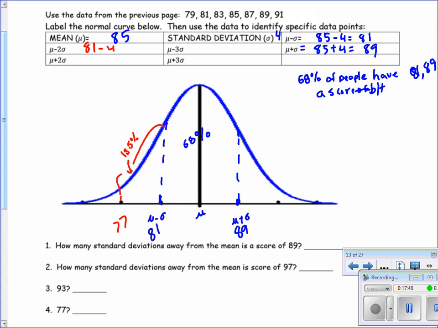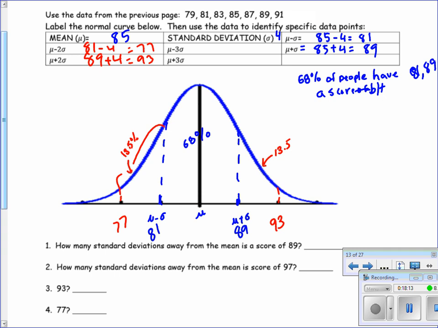Whereas on the other side, 13.5% of the population have a score between 89 and, well, 89 plus 4 equals 93. So 13.5% have a score between 77 and 81, as well as between 89 and 93.